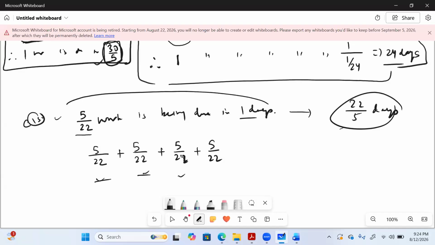So does C need to do one more day or less than one day? Yes sir. बताओ, एक पूरा दिन और या लेस लगेंगे. Then less than 1 day. हाँ. And in that one day, she has to do just 2 by 22 work, है ना? इतना ही करना पड़ेगा क्योंकि ultimately the entire work should be 22 by 22, which is 1.